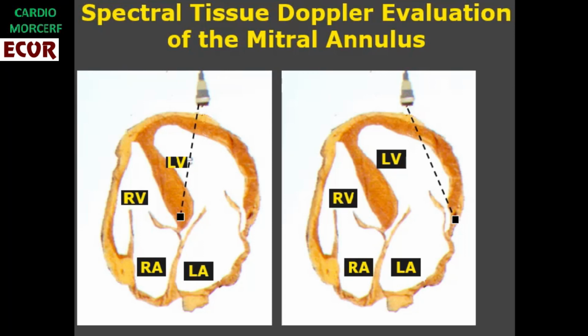It suffers a lot of local influence, like the local longitudinal contraction and relaxation of the lateral or septal walls, as well as the local circumferential and radial contraction and relaxation of the left ventricle. I prefer the lateral wall because of the intense influence of the aortic movement on the IVS velocities, not only during systole, but also during diastole.